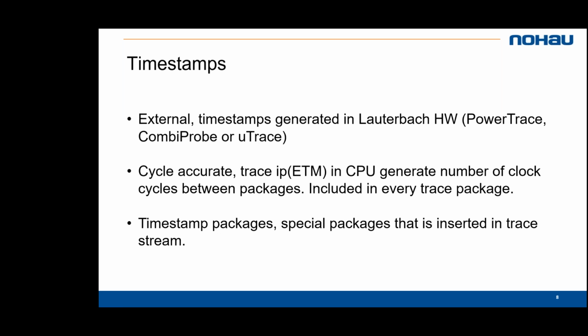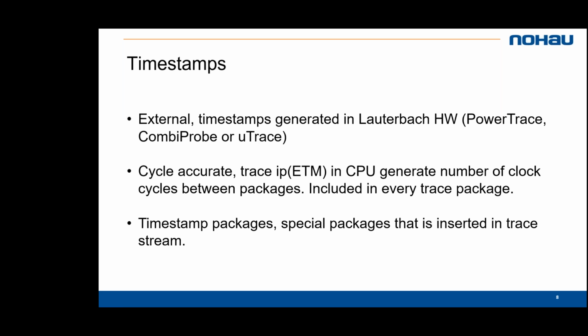So to have the best timestamps possible, you need to use cycle accurate tracing. That is when the trace IP block inside of the CPU, for example the ETM in the ARM world, generates the number of clock cycles that has passed between each trace package.